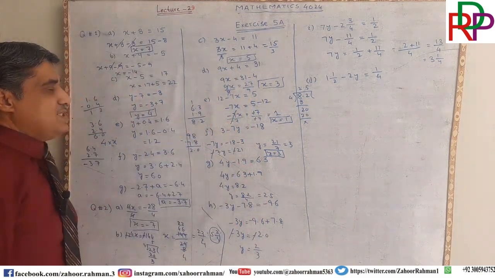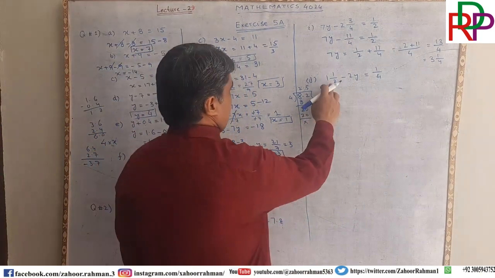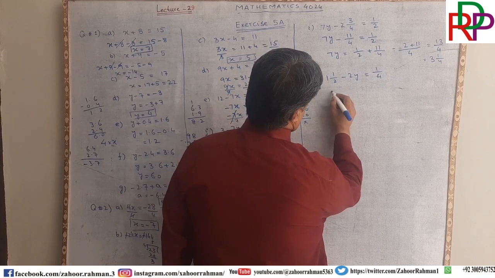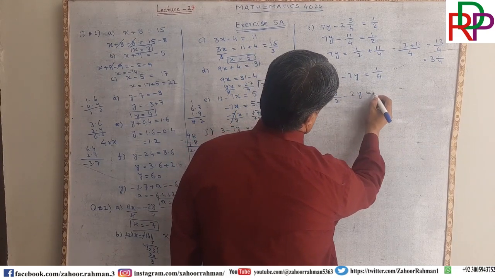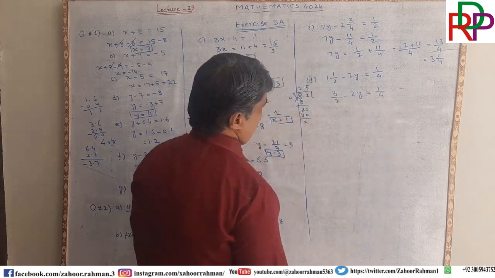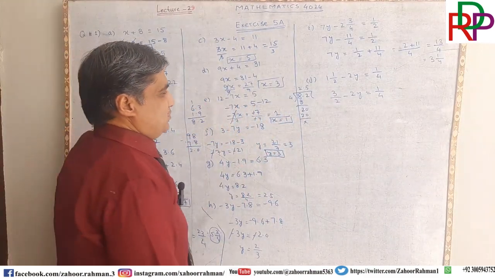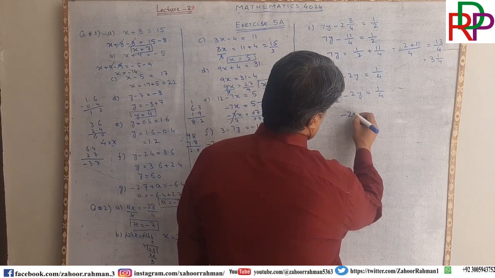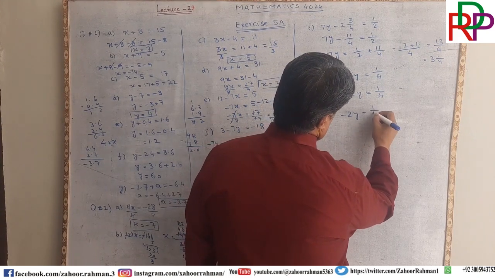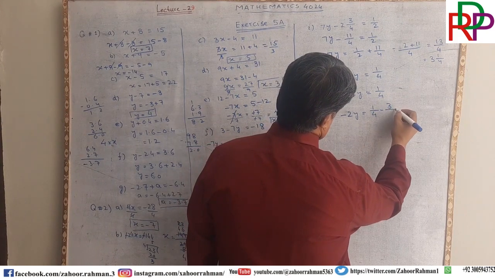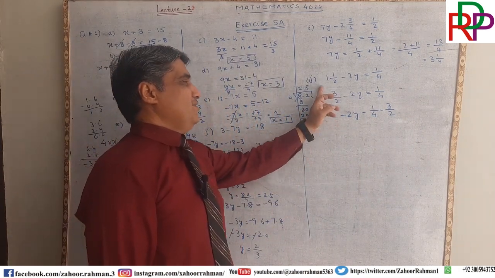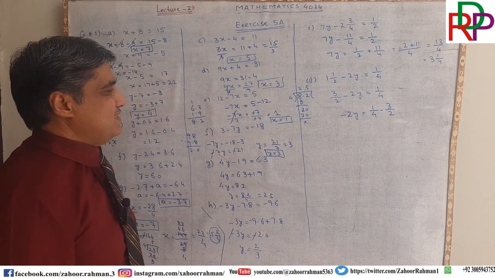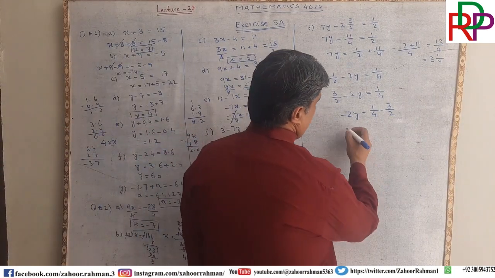The final question for today: 3 divided by 2 minus 2y is equal to 1 over 4. So minus 2y is equal to 1 over 4 minus 3 over 2. When this positive is shifted to the other side, it will become negative.